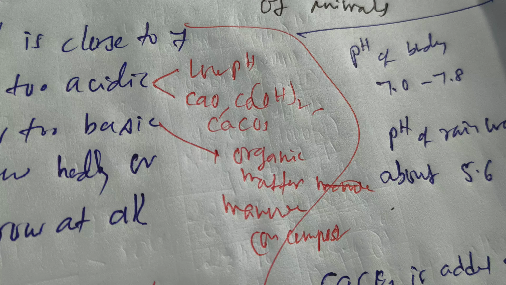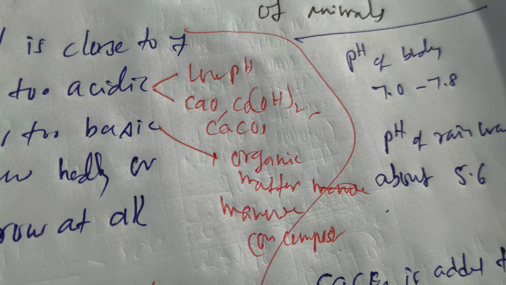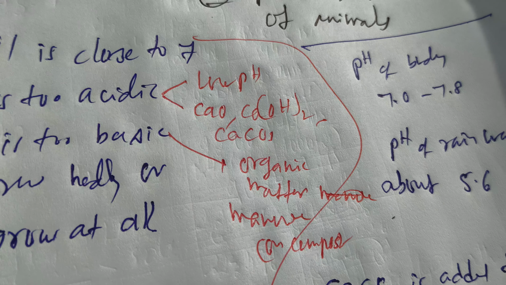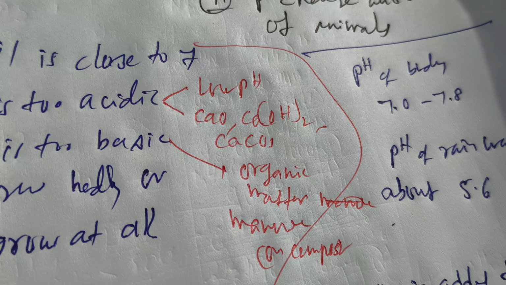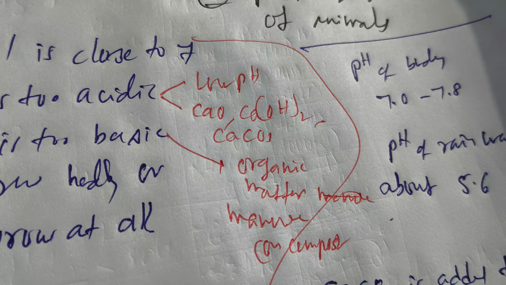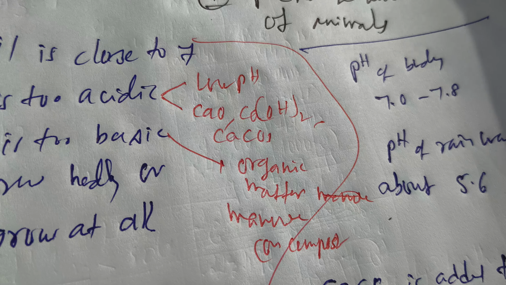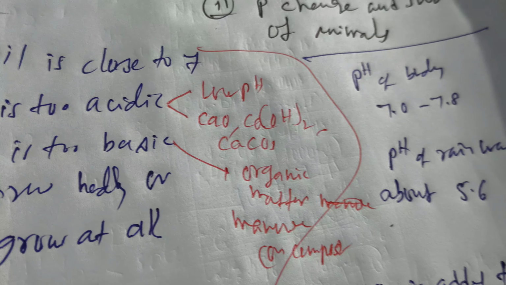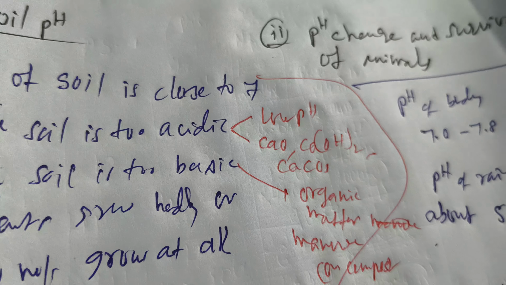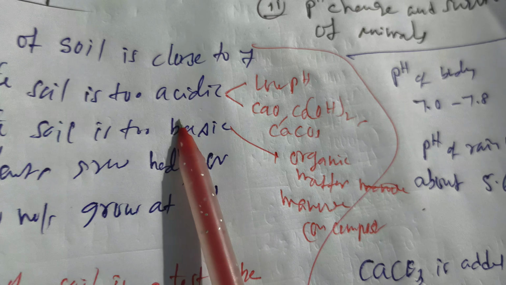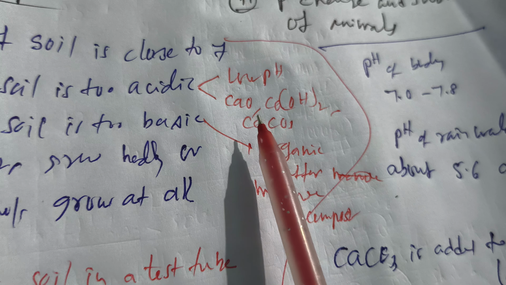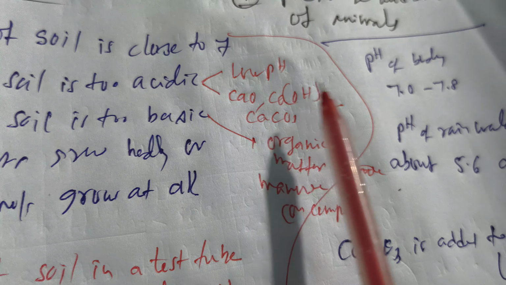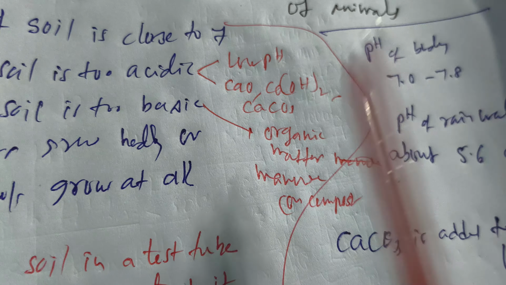The pH of acidic soil can reach as low as 4 and that of basic soil can go up to 8.3. Chemicals can be added to soil to adjust its pH and make it suitable for growing plants such as crops. In case of acidic nature, we use calcium oxide, calcium hydroxide, calcium carbonate.